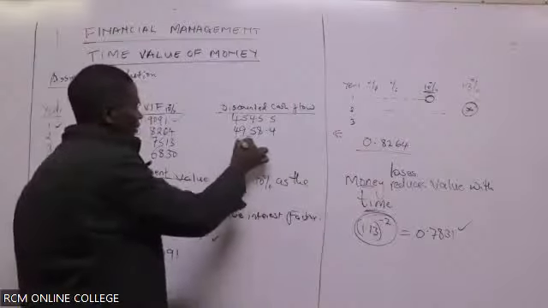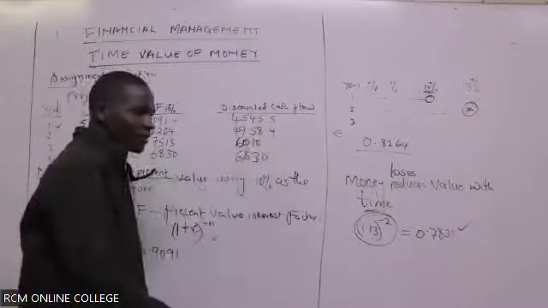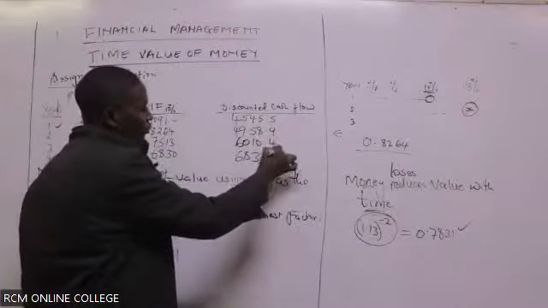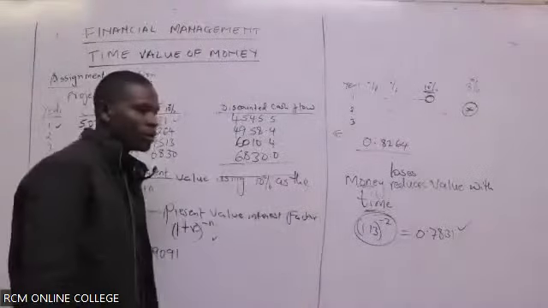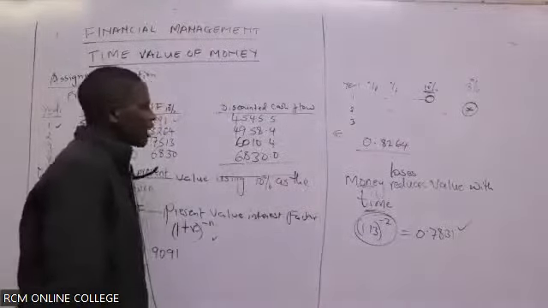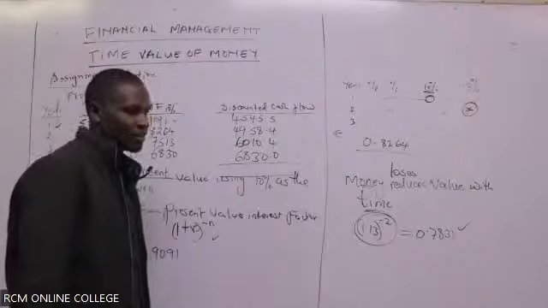So we add all this to get the total present value. We add all that to get the total present value. So what will be the total present value?